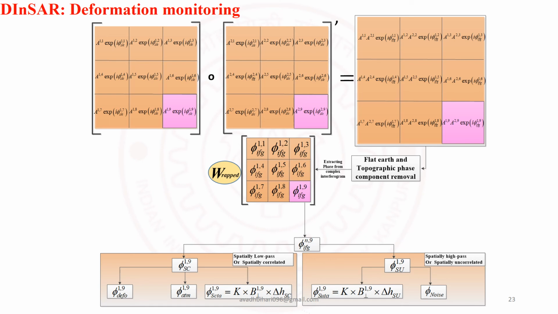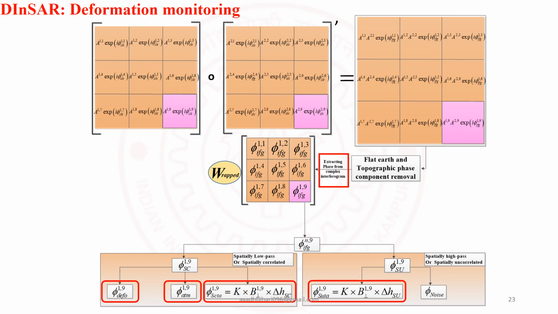Then we applied flattening to remove the flat earth phase component, and then we simulated the topographic phase component and subtracted it from the interferogram. Then we extract phase from the complex interferogram and we get the wrapped interferometric phase, which contains deformation, atmospheric phase component, spatially correlated topographic error, spatially uncorrelated topographic error, and phase noise. For the time being, just remember this word wrapped. We will discuss it in the next lecture.